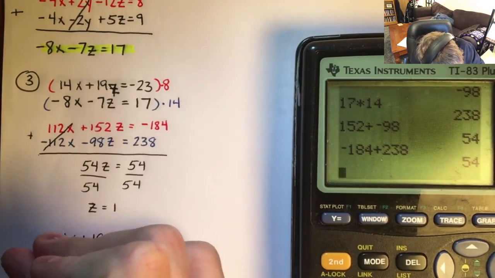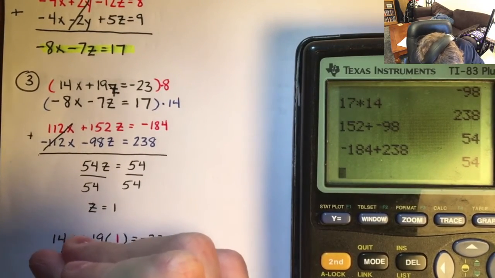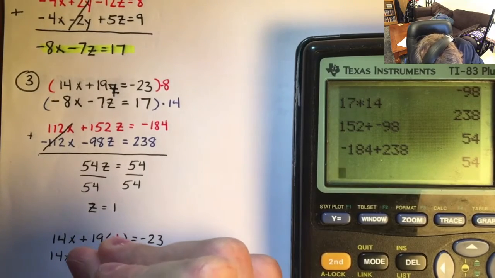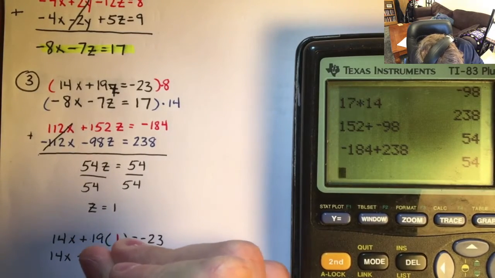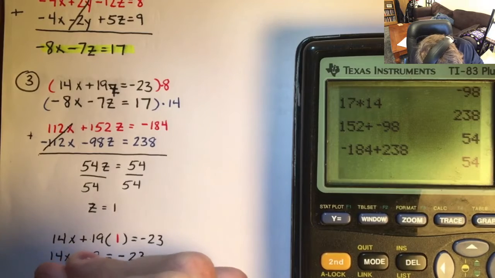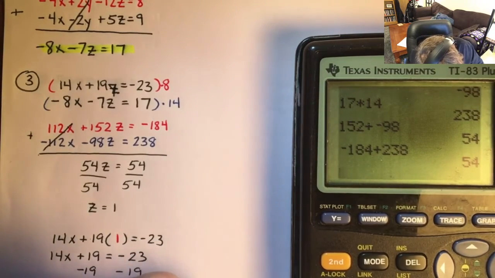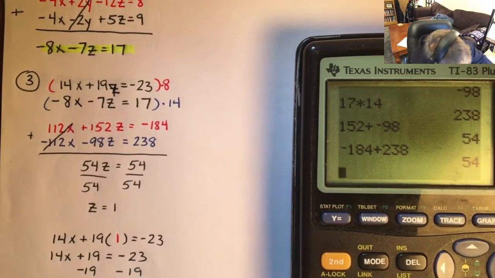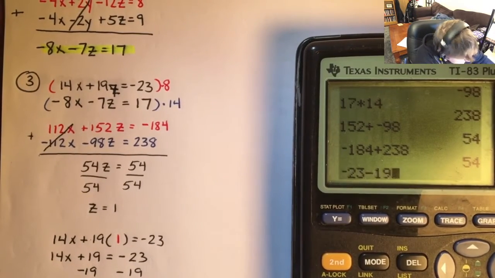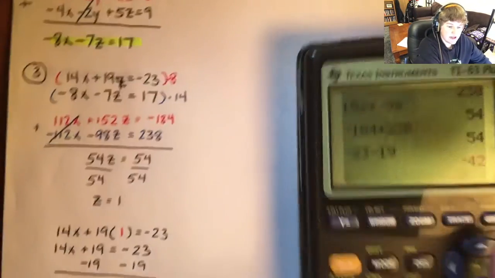So this is 14x plus 19 is equal to negative 23, and I want to subtract 19. So negative 23 minus 19 is negative 42.